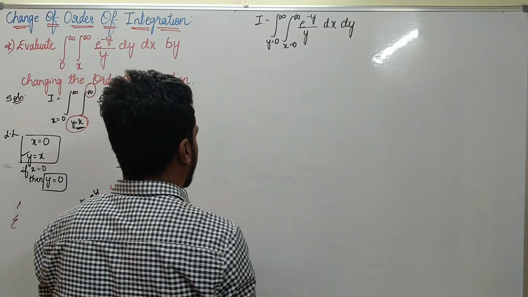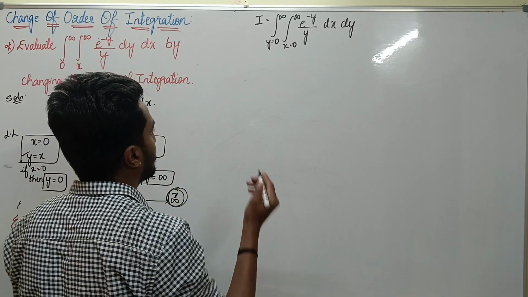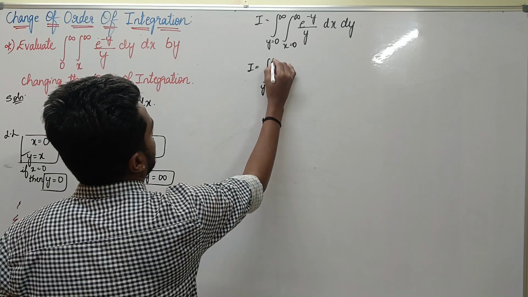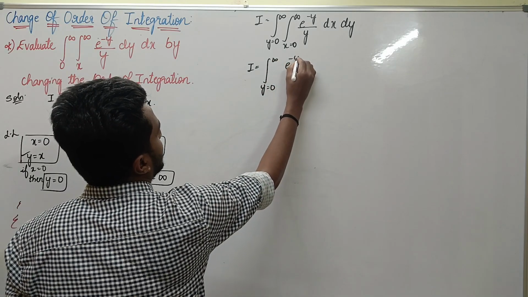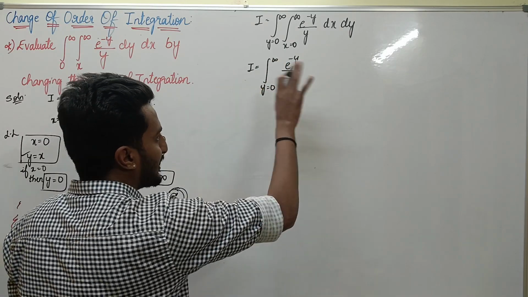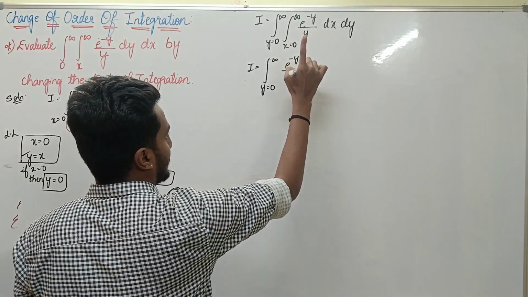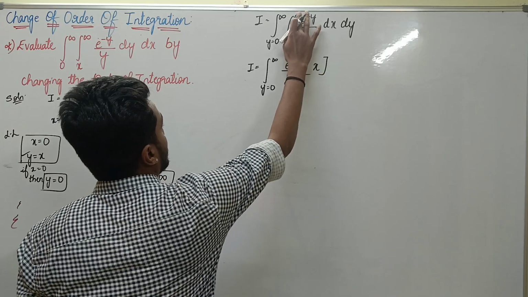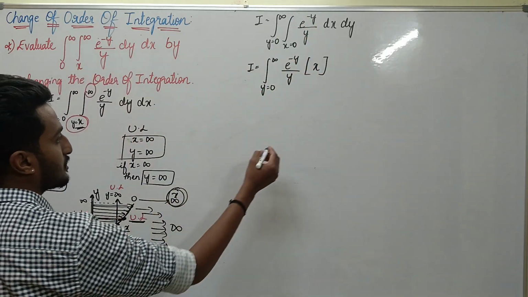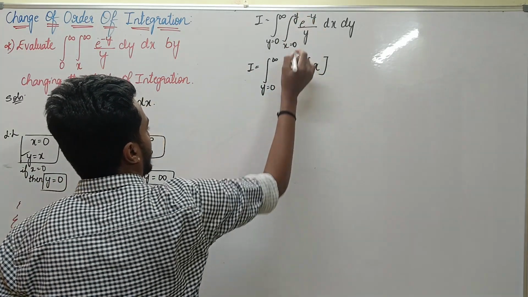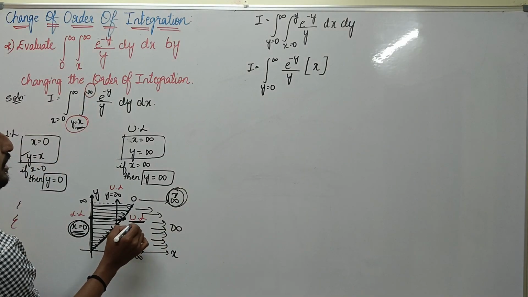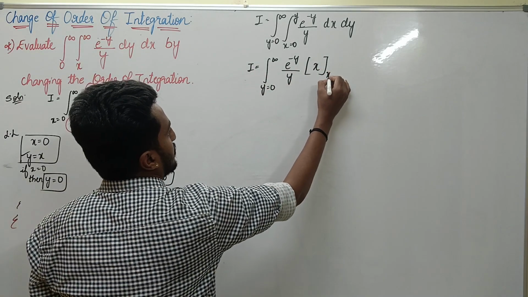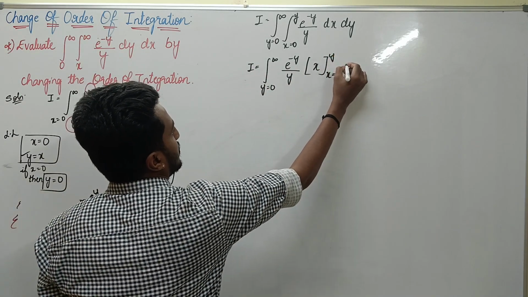First, I need to integrate with respect to x. So I equals the integral of y varies from 0 to infinity, e power of minus y by y, where y remains constant. Integration of 1 with respect to x is x. The limit varies, sorry, this is not infinity, it is 0 to y, because I am representing with respect to x. So x equals 0 to y, dy.